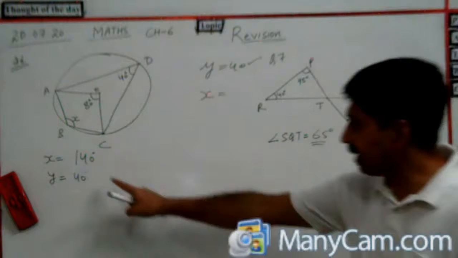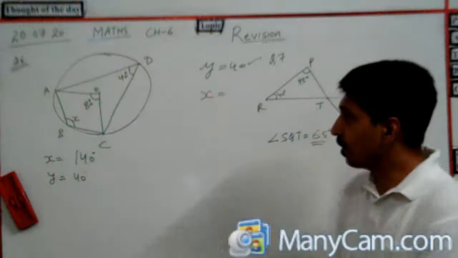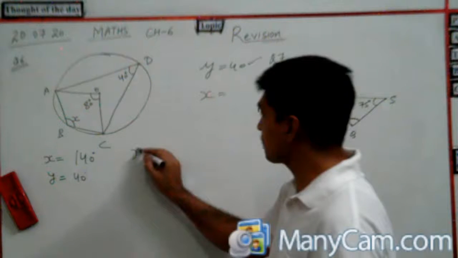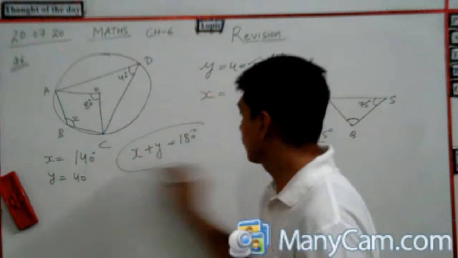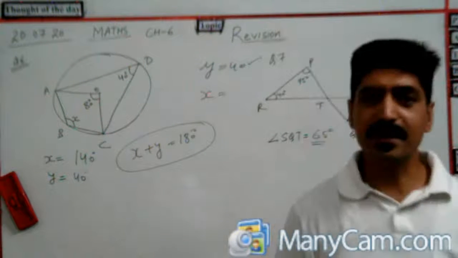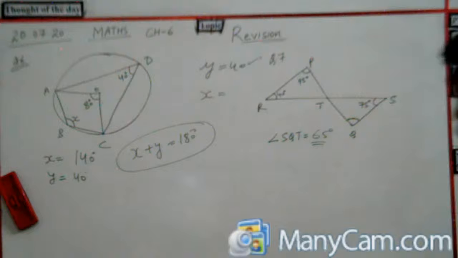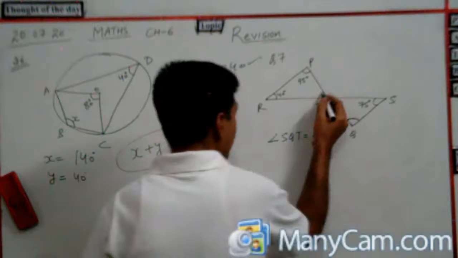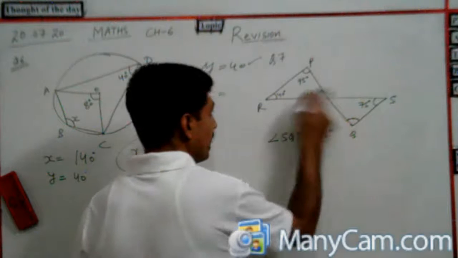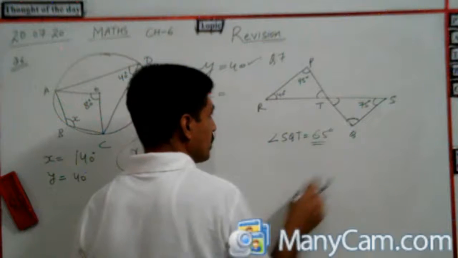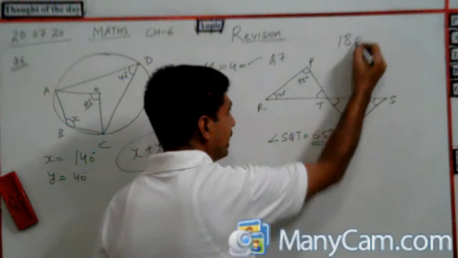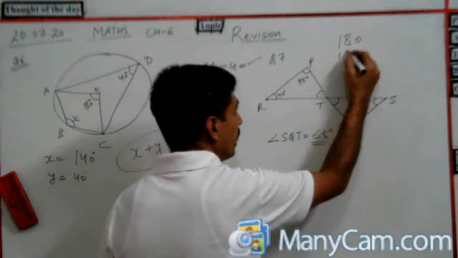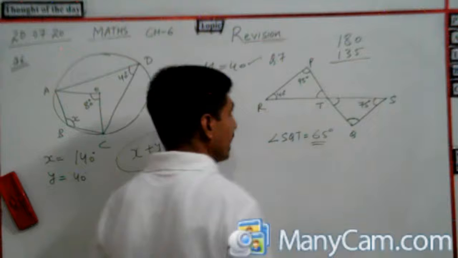So here the value of x is, because we know x plus y is equal to 180. Their sum is supplementary. So here let's check this angle, and this angle are vertically opposite angles. So here this angle is 180 minus 135, right?